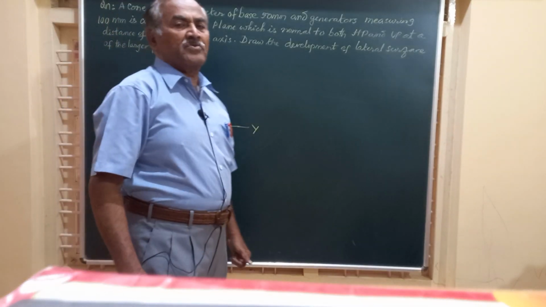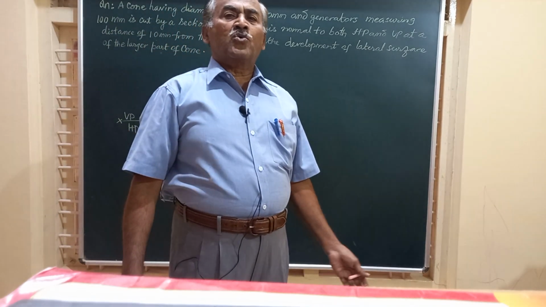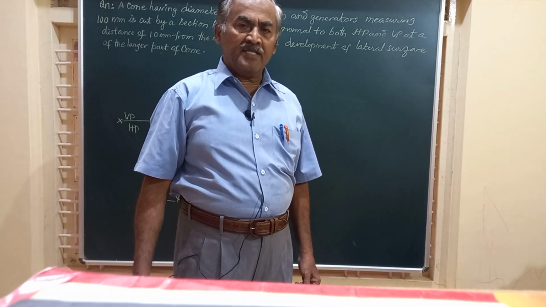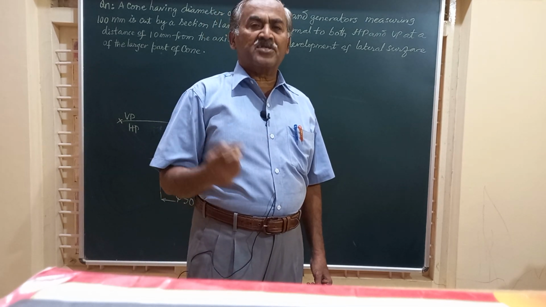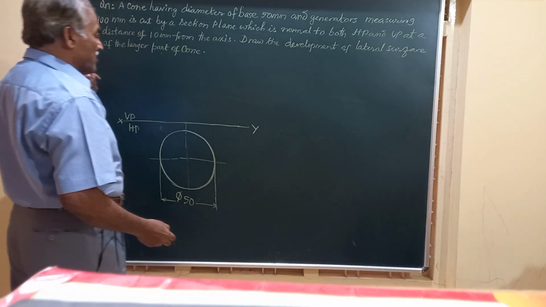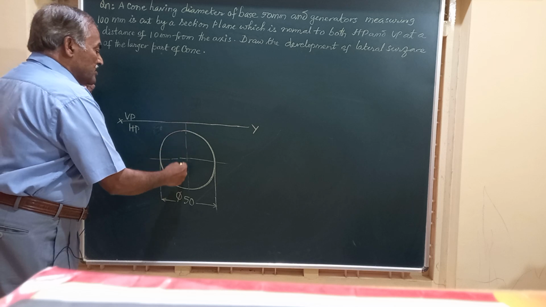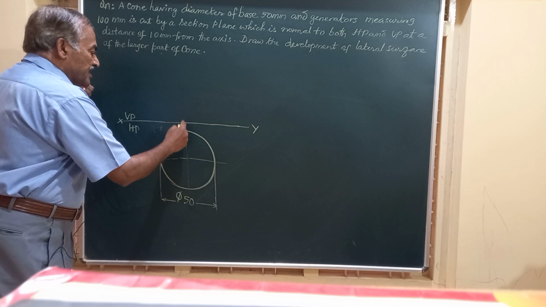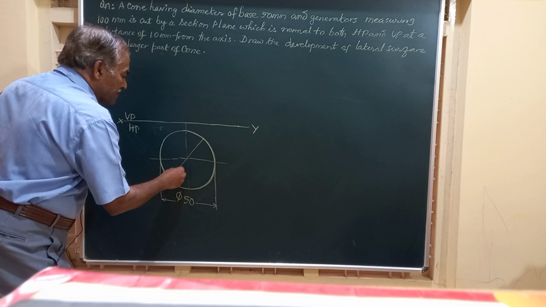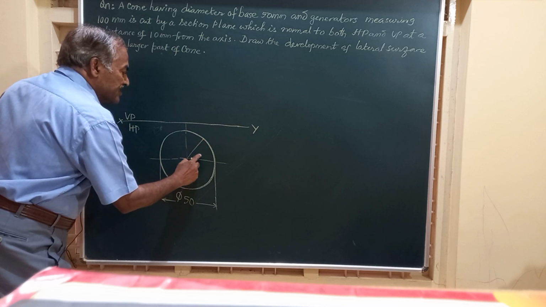And you all know very well, the cone has no edges or corners, and hence we have to divide the circle, the base of the cone, into 8 equal parts. I have divided into 2 equal parts now by drawing a vertical and horizontal line. I draw another line here at an angle of 45 degrees.